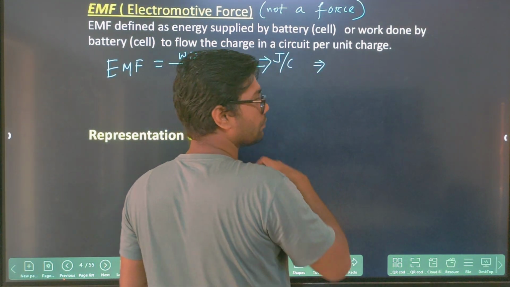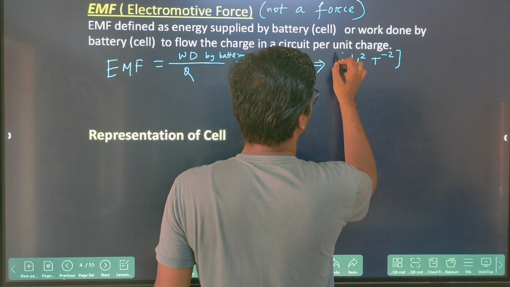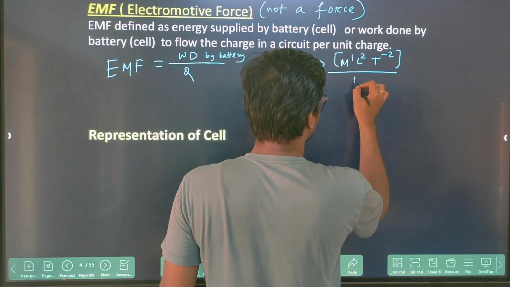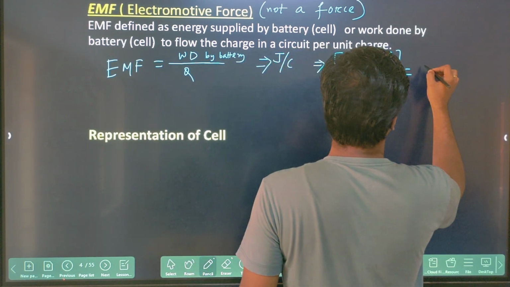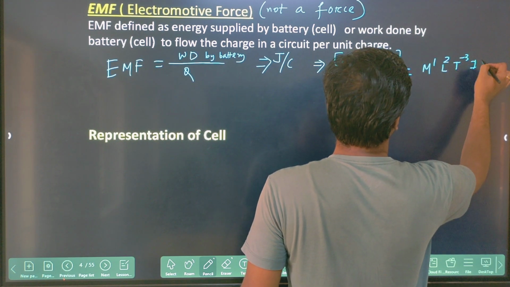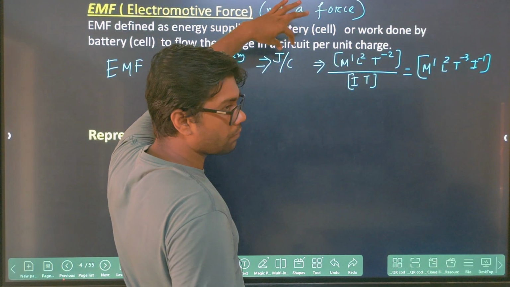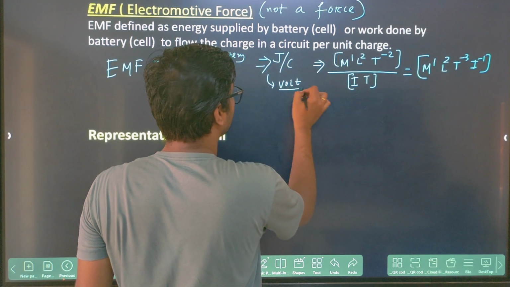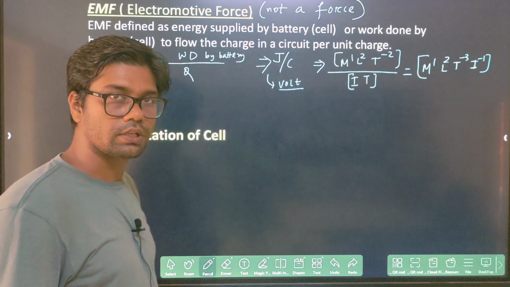The dimension of work done is M1 L2 T minus 2, and coulomb can be written as I into T. So you can find that this will be M1 L2 T minus 3 I minus 1. And if you remember joule per coulomb from electrostatics, this is also volt. So the EMF unit is volt also, right?